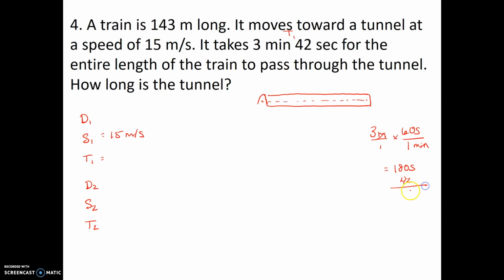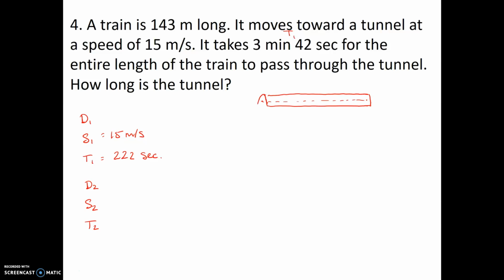So let's add that on. 180 plus 42 is 222 seconds. The reason I did that is because my speed was given in meters per second, and so I couldn't very well work with my time in just minutes and seconds. We needed to have that converted, using 1 unit.